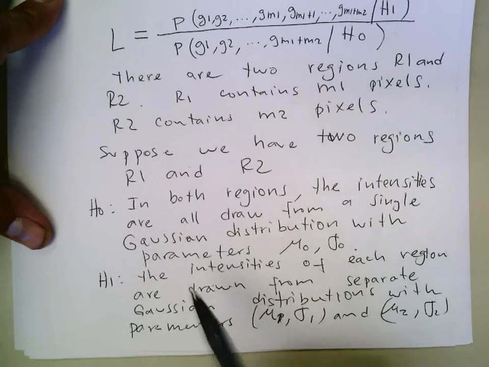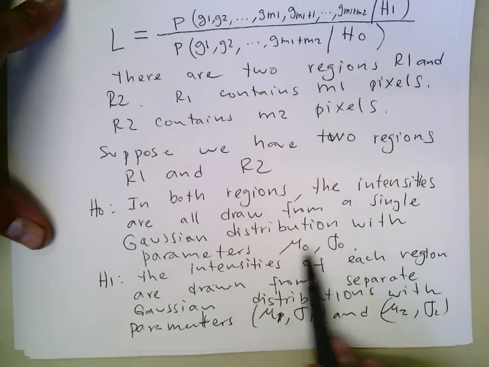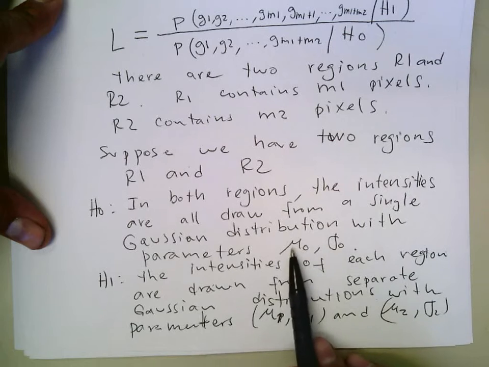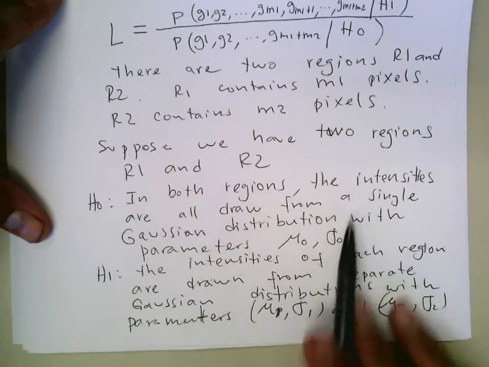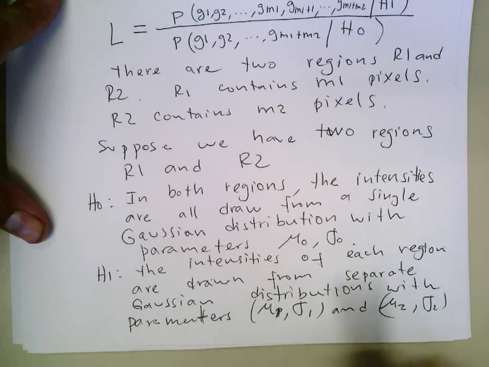Those of you that took the class know that these are mu and sigma, the mean and the standard deviation of the distribution, so it's the same. The other hypothesis is that there are two different regions, or two images that come from different distributions. So either it's the same distribution or they have two different distributions.